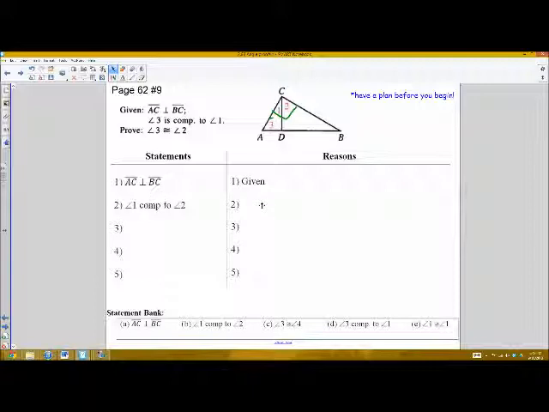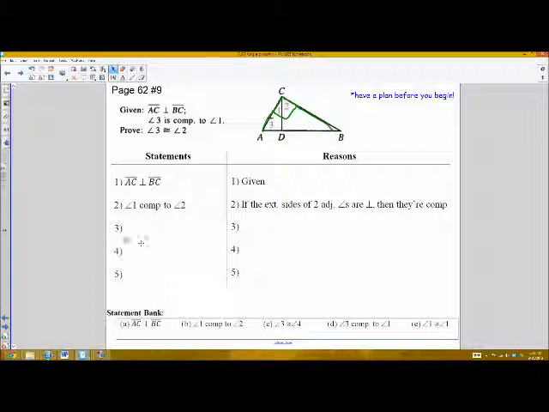There is one theorem which allows me to jump right to that conclusion: if the exterior sides of 2 adjacent angles are perpendicular, then those angles are complementary to each other. Notice that side AC and side BC are the exterior sides of angles 1 and 2, and since they are perpendicular, angles 1 and 2 are complementary. This theorem saves us a lot of time and energy when we're doing proofs. Otherwise, it would have been 3 or 4 steps longer.